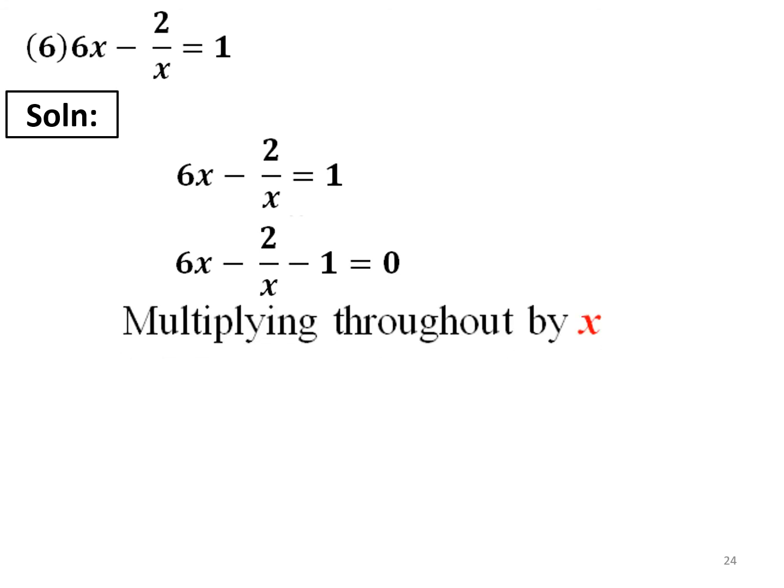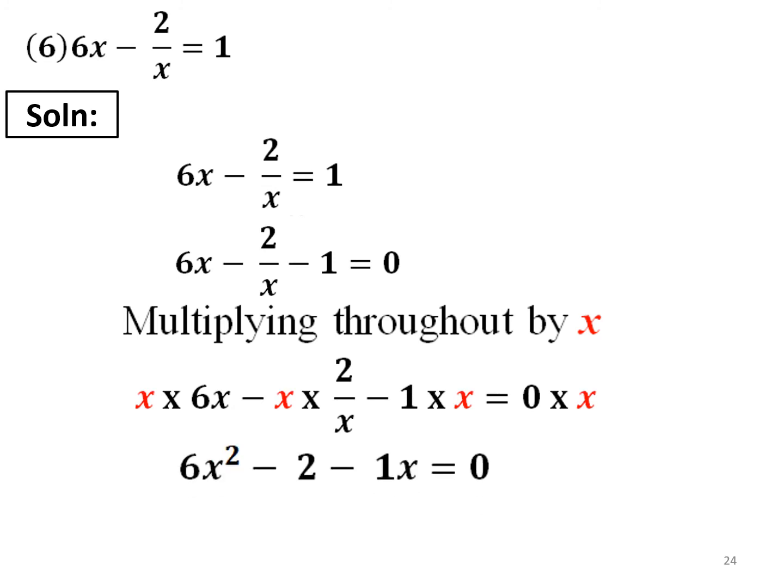Now we will multiply throughout by x. So we'll get 6x² − 2 − 1x = 0. On rearranging, we will get 6x² − x − 2 = 0.